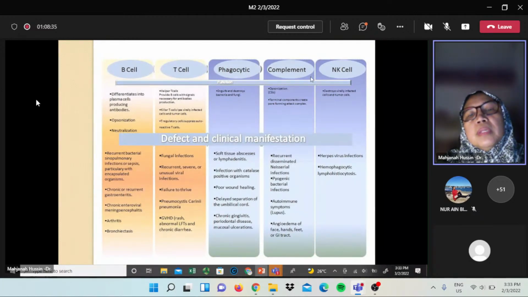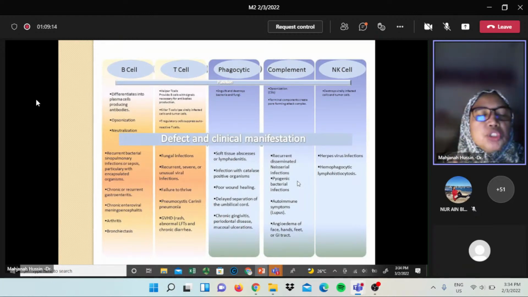Okay, what about complement? If you have complement not functioning, or if the complement molecule is little, and you know the function of complement is opsonization, as in C3b, you will have many types of problems, such as autoimmune disease, SLE, systemic lupus erythematosus, or you have pyogenic bacterial infection.